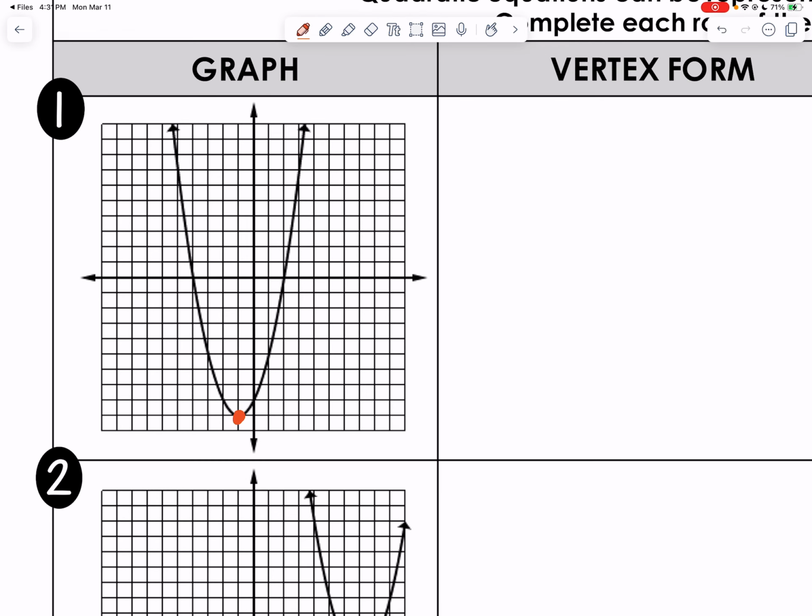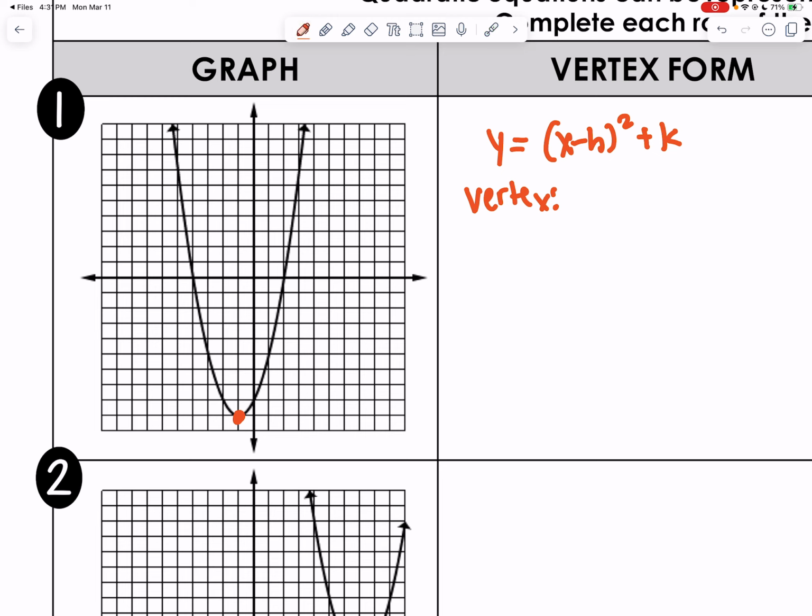Well, vertex form is going to be the easiest here because remember, vertex form is just finding my vertex. So I have to figure out what that is, and then put it in x minus h squared plus k form. So my vertex here for number 1, that is going to be -1, and then 1, 2, 3, 4, 5, 6, 7, 8, 9.